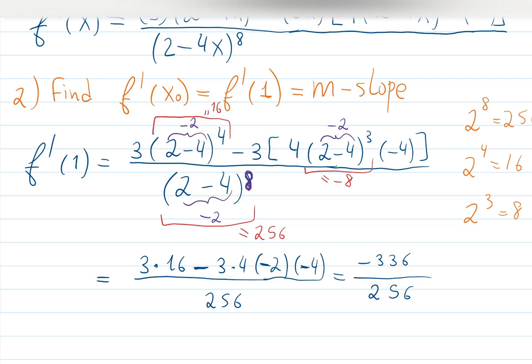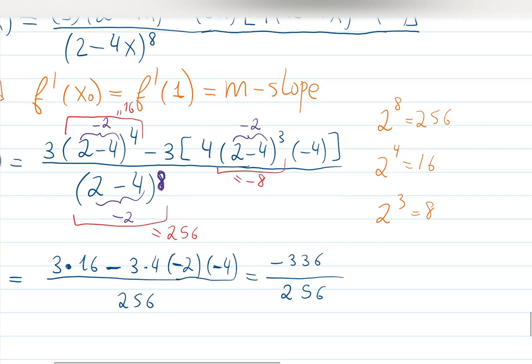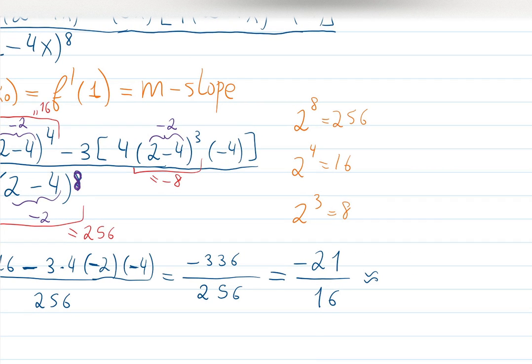256 at the bottom. I will tell you the secret. I'm not a genius at calculating everything super fast. I just have a cheat sheet in my hand which I'm looking at. This cheat sheet also tells me that this fraction can be reduced to negative 21 over 16. Also, it has a decimal form, in case we ask you to show us a decimal solution, but also in applied problems, it's nice to have a feeling for what this number is.